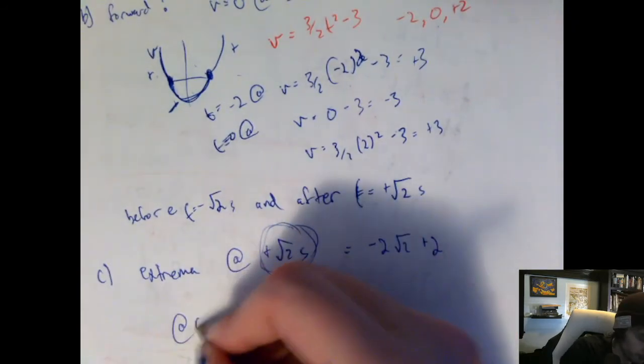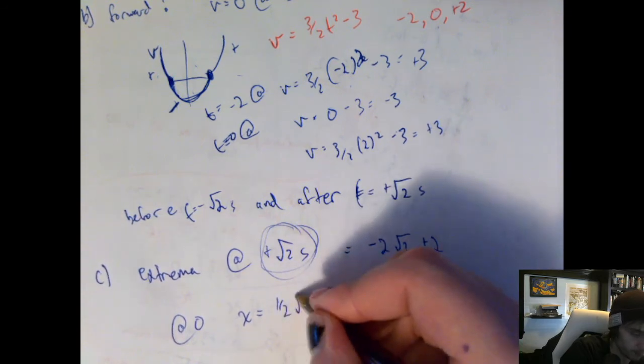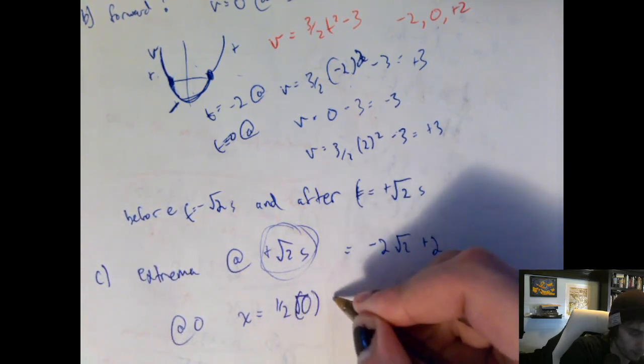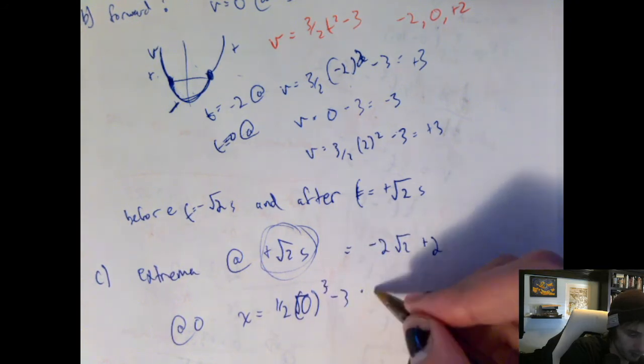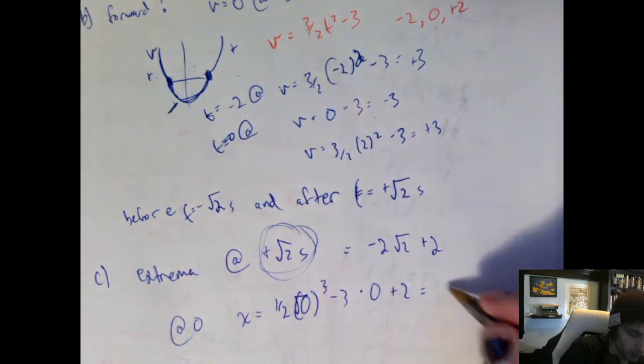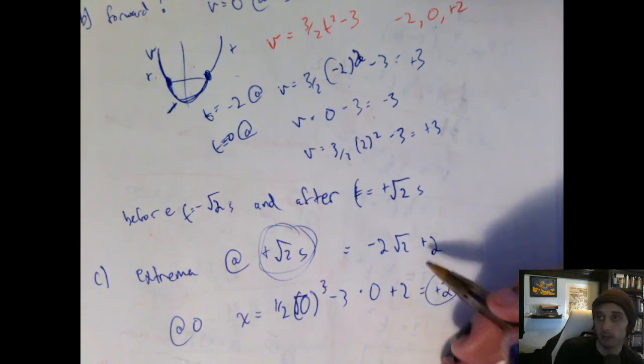At 0, our equation is nice and easy. -3 times 0 plus 2, which is just 2. So we're starting from +2 and we're going down to this.